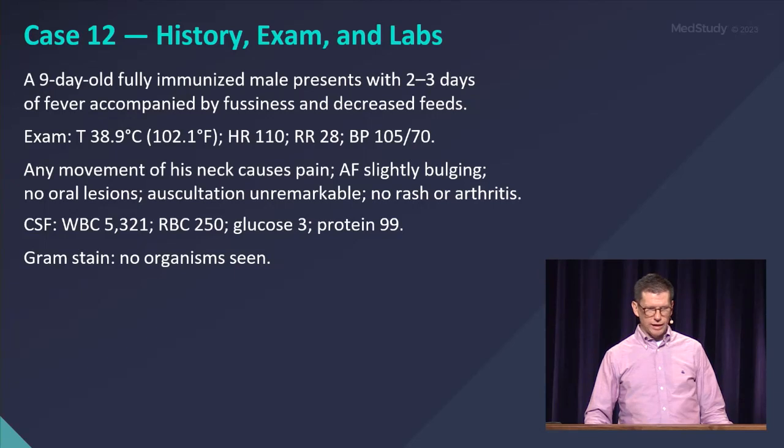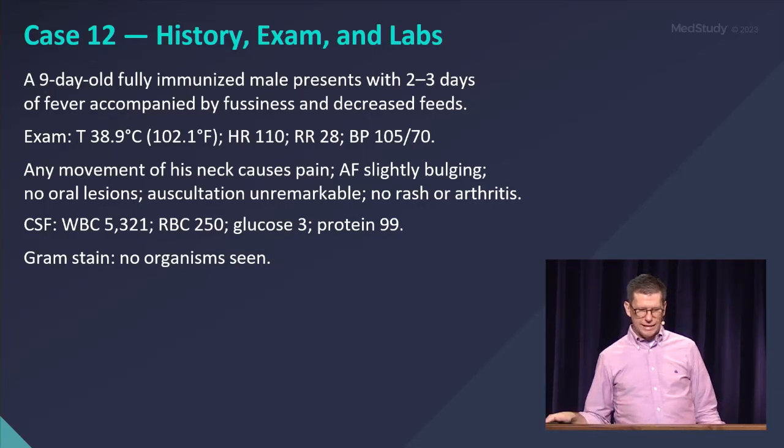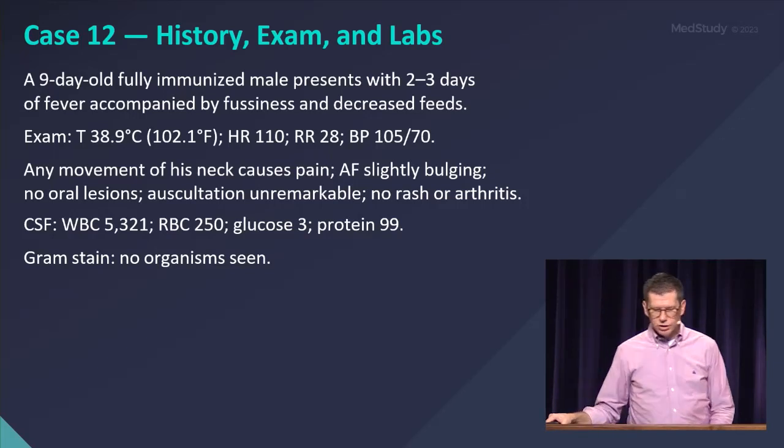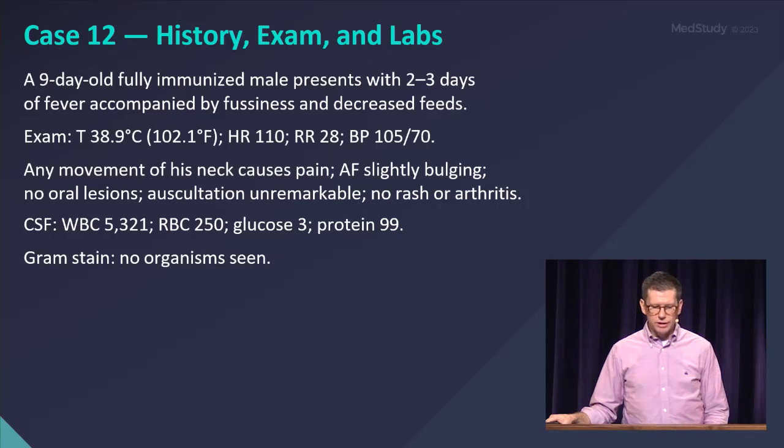All right, the last one. A 9-day-old fully immunized male presents with 2 to 3 days of fever accompanied by fussiness and decreased feeds. The temp is 102.1, heart rate 110, respiration 28, blood pressure 105/70. Any movement of his neck causes pain. His anterior fontanelle is slightly bulging. No oral lesions. Auscultation is unremarkable with no rash or arthritis.